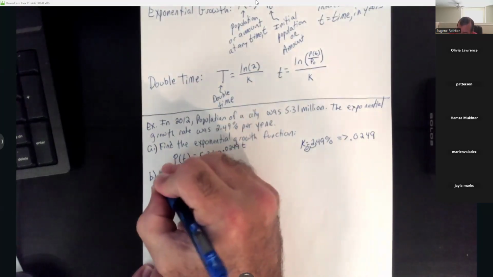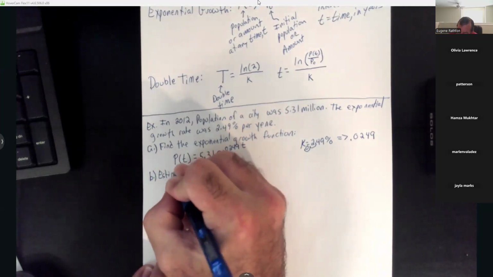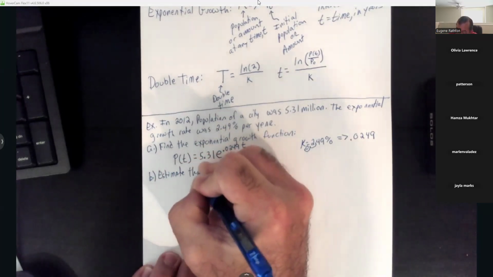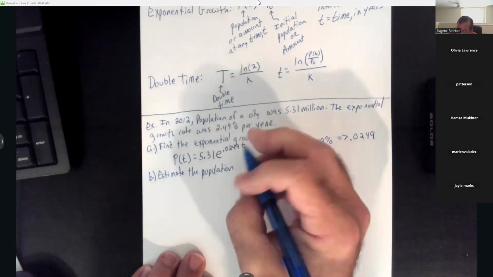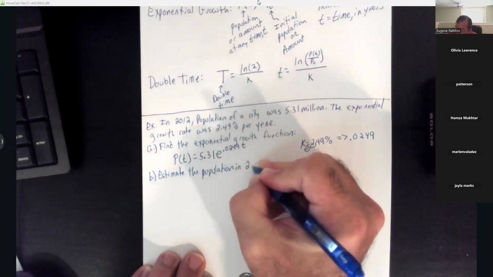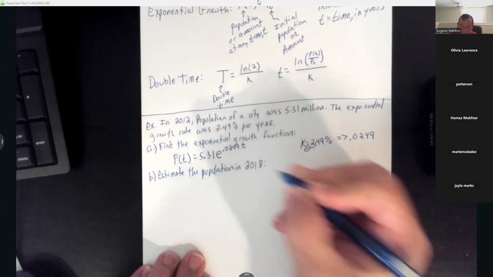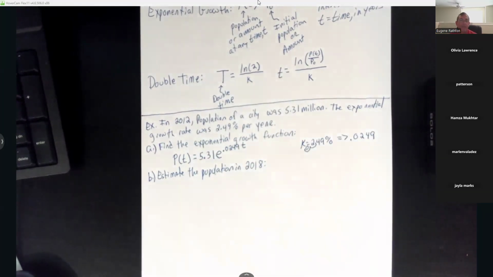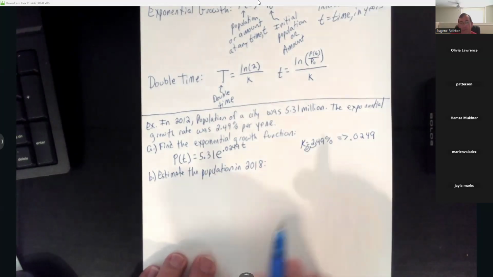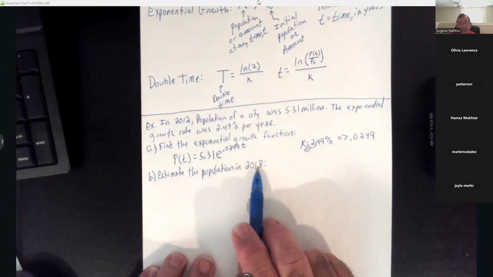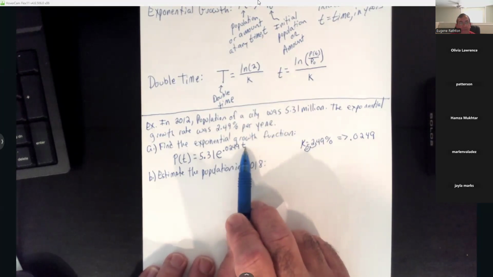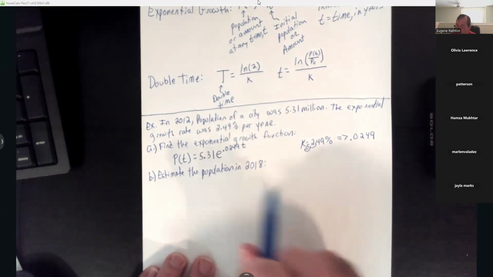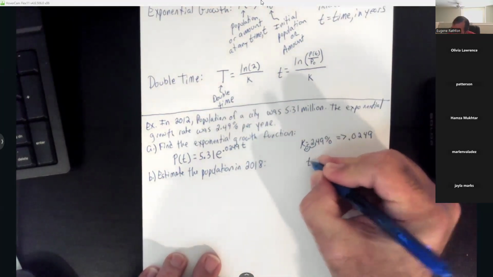So then B, they say, estimate the population in 2018. All righty, y'all. So if we're going to estimate the population in 2018, we need to know how much time has passed. So we need to figure out T for this one.